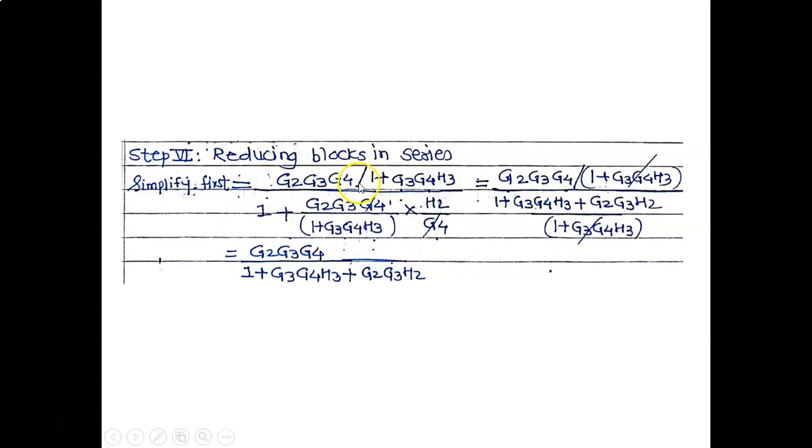G2, G3, G4 divided by 1 plus G3, G4, H3 divided by 1 plus G2, G3, G4 divided by 1 plus G3, G4, H3 into H2 upon G4 is equal to, now by doing cross multiplication, this 1 plus G3, G4, H3 and 1 plus G3, G4, H3 will get cancelled. Therefore final solution we are getting that G2, G3, G4 divided by 1 plus G3, G4, H3 plus G2, G3, H2.